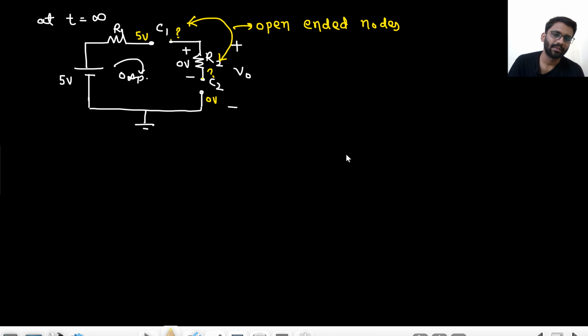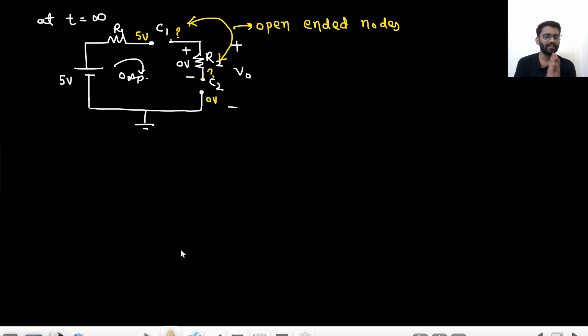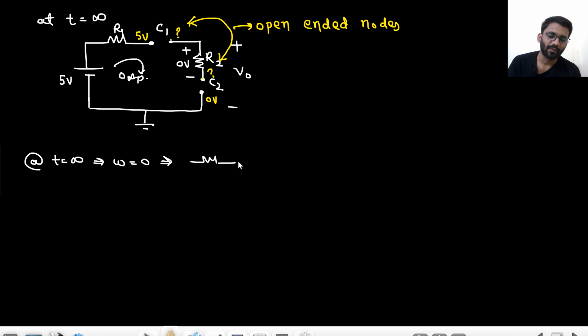At t equals to 0, now what will we see? If there is ambiguity, what do we do? At t equals to infinity, omega equals to 0. That means the series combination of RC will be replaced with a single capacitor, right? So simply 5 volt will be divided into C1 and C2.